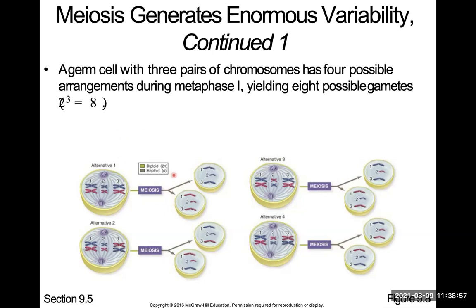We can calculate this for our human cells, and we know that there are 23 chromosomes. So you're going to take this 2 and put it to the 23rd power to get the different possibilities.